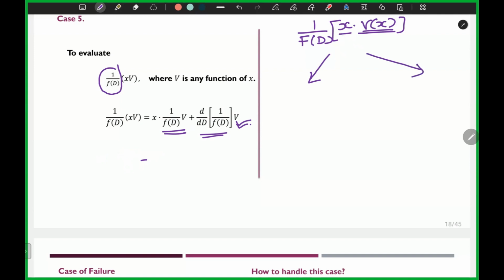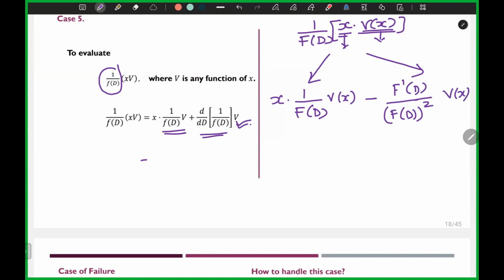The first is this term, the second is this term. We take x outside and simply do the rest, using the particular integral part of V(x). The next term is f dash D over f(D) whole square acting on V(x).